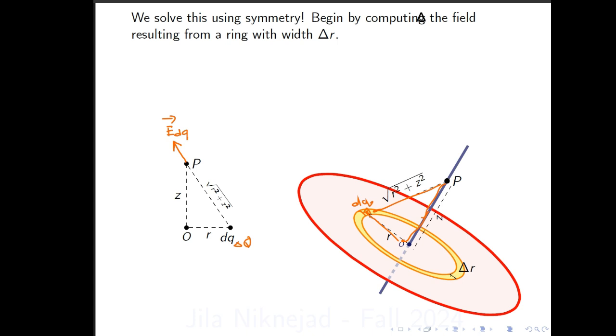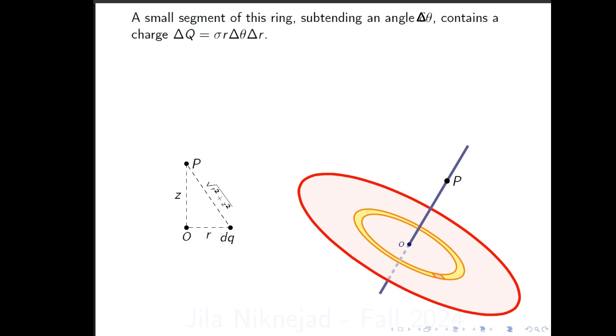This distance is crucial in finding the field that the infinitesimal charge creates at P. We call that field E sub dq.